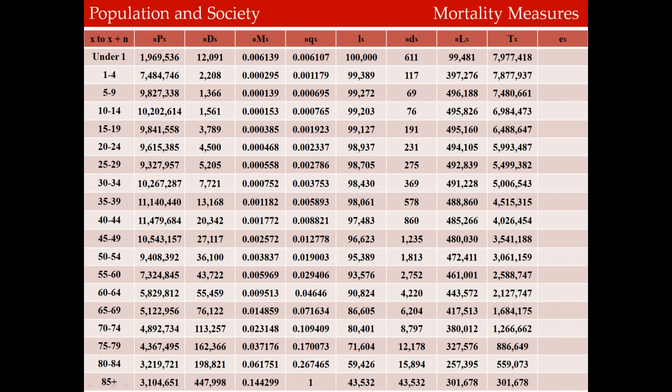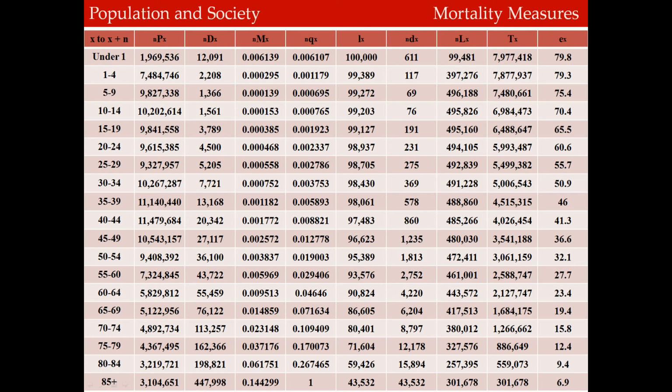Basically I'm going to take the big T sub x column, divide it by the little l sub x column, and do it for each one of these values respectively. And I'm going to get the life expectancy at the different age ranges. For example, in the year 2001, women under the age of 1 could expect to live, on average, 79.8 years.